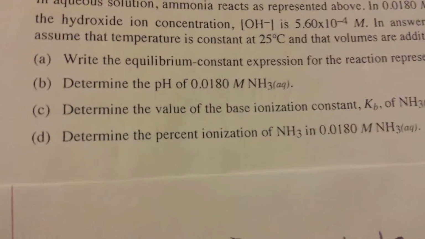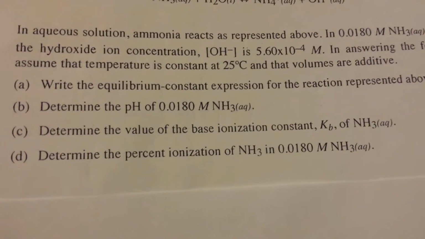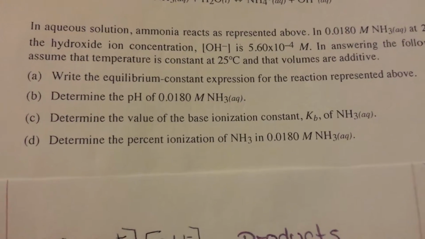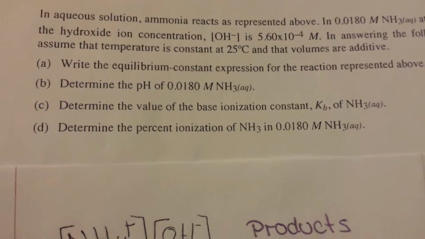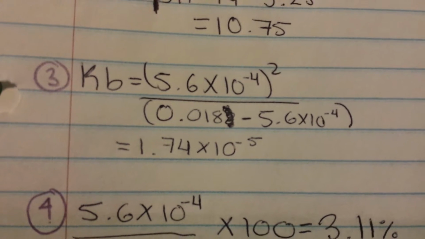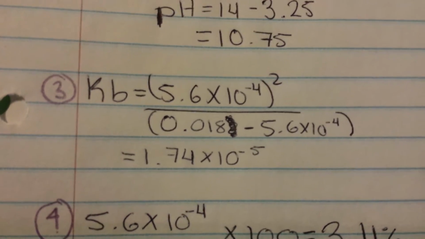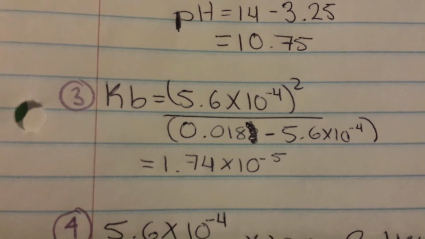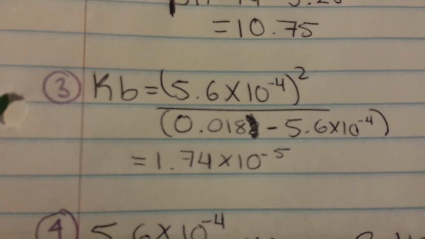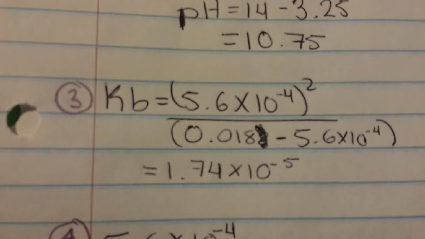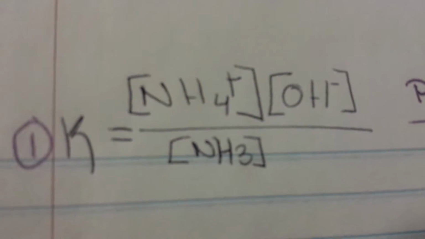Now C. Determine the value of the base ionization constant Kb of NH3. For the Kb, we just have to write the equilibrium constant equation with the numbers plugged in. NH4+ and OH- are going to be the same number.